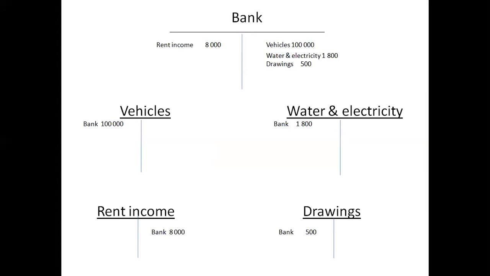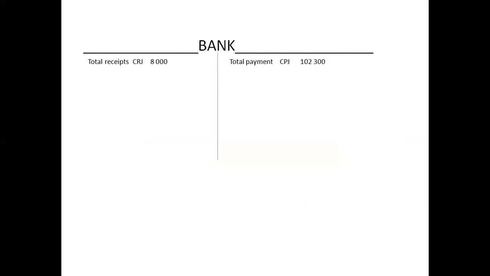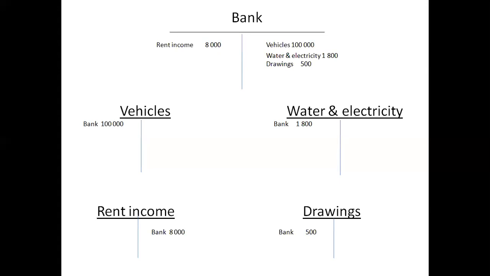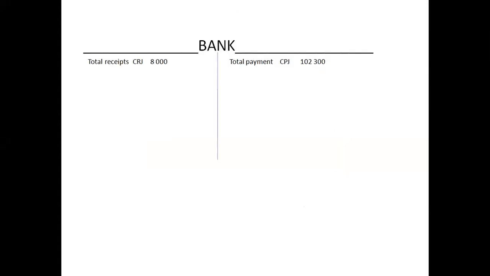So what you are supposed to do is to add up everything on the debit side, and then you take it as one total on the debit side, and you write the total receipts. And then you need to do the same on the credit side. You need to add up everything, get one total, and that one total is what you're going to write on the credit side, and then that will be for total payments.